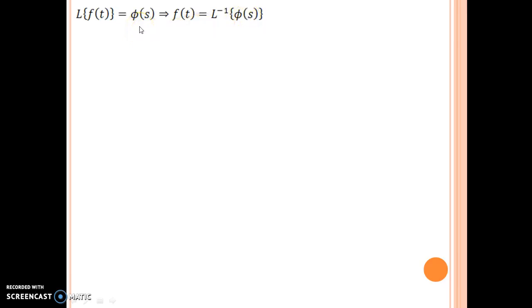Like we already had seen that the L operator is a linear operator, similarly L inverse is also a linear operator.